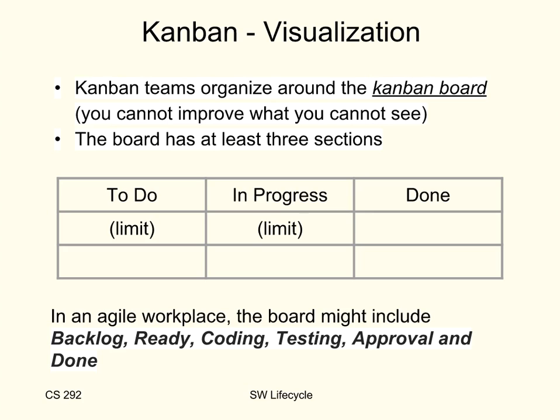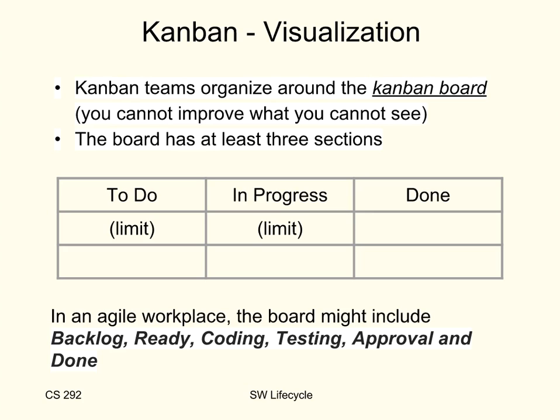The board has always at least 3 sections: to do, in progress, and done. In to do and in progress, there's typically a number underneath the header, which is the limit. It's the capacity of the team. And so you can always tell what the capacity is because it's sitting there, and then you can also figure out what is in progress, because you can just count.